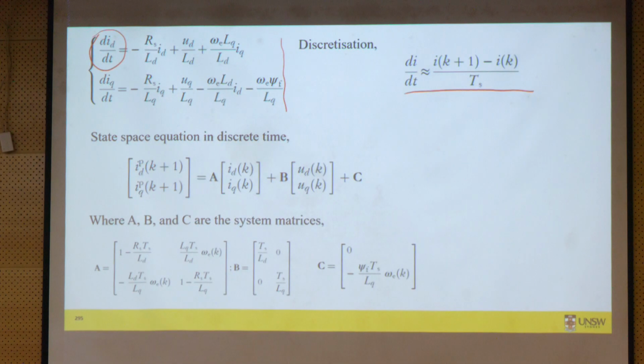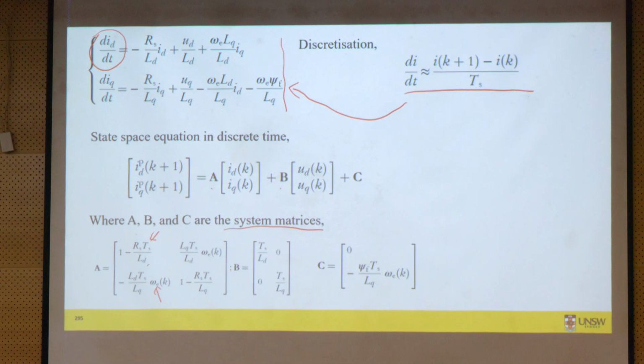And using that, you rewrite this state space equation in terms of some system matrices. These system matrices, as you can see, are a function of your resistance, inductance, and sampling time. TS is your sampling time, and of course the electrical speed at that instant. So these matrices A, B, and C can all be calculated or will be known.